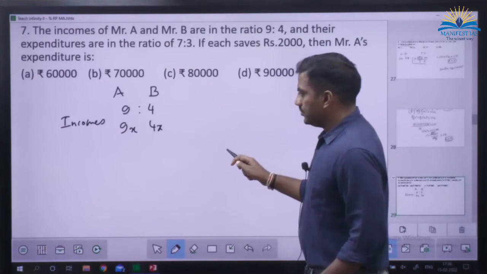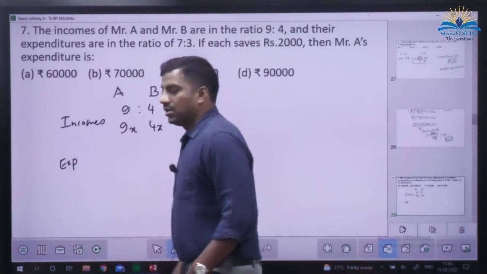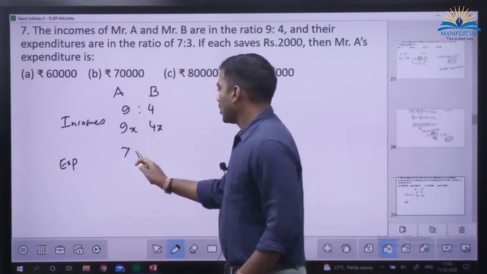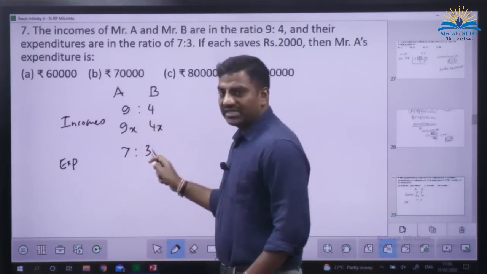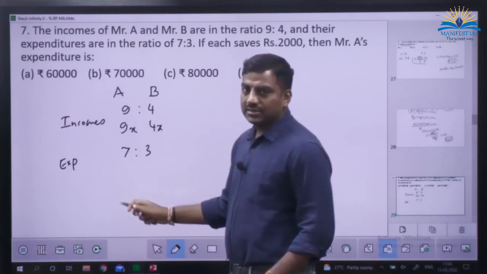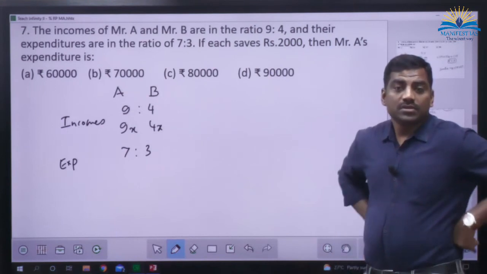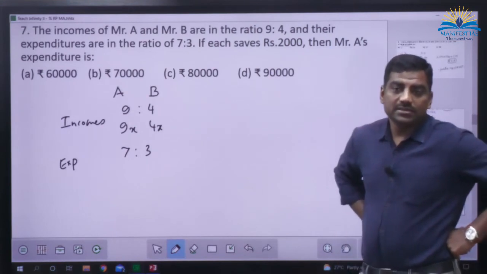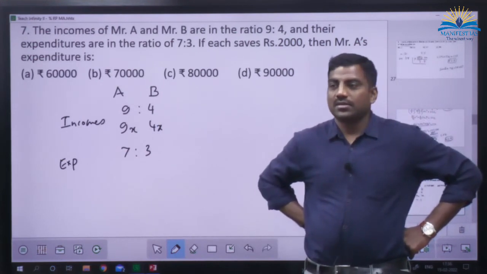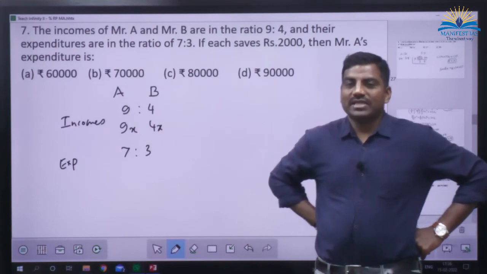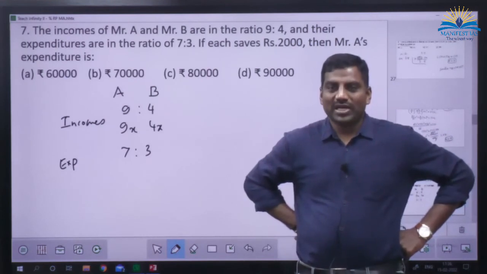Coming to their expenditures, they are in the ratio 7:3. Now, as I have written 9:4 as 9x and 4x, 7:3 should be written as 7y and 3y, not 7x.